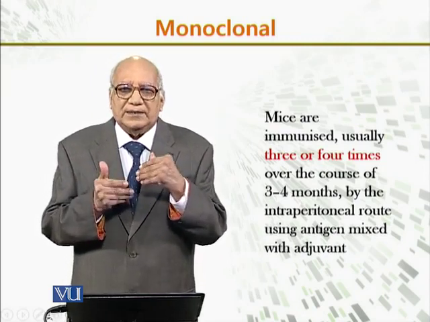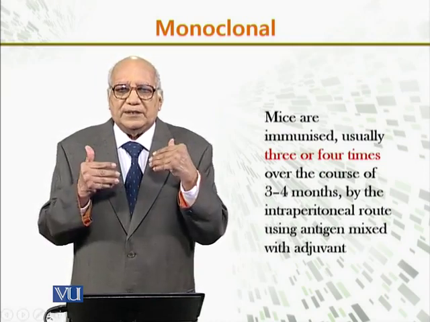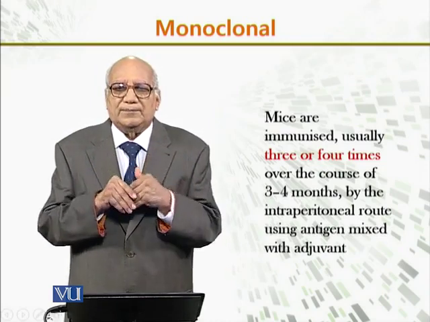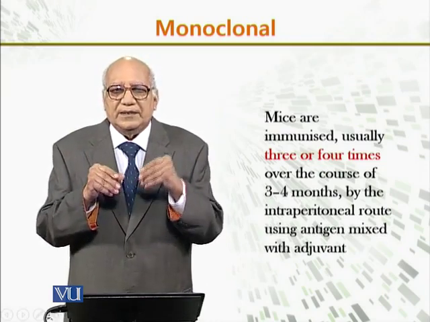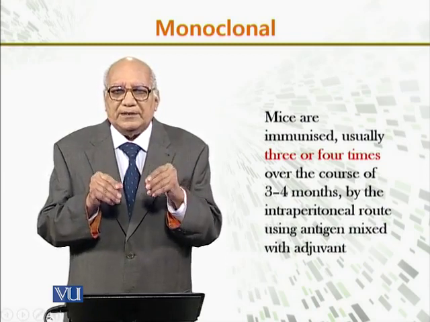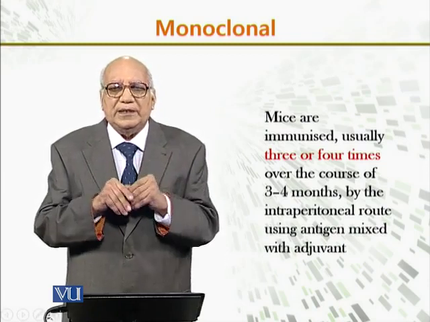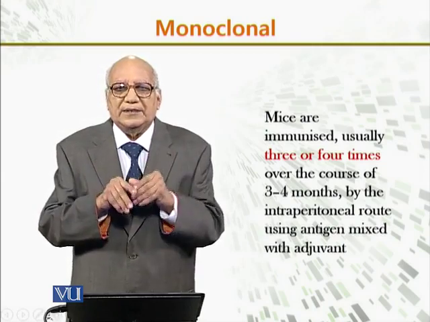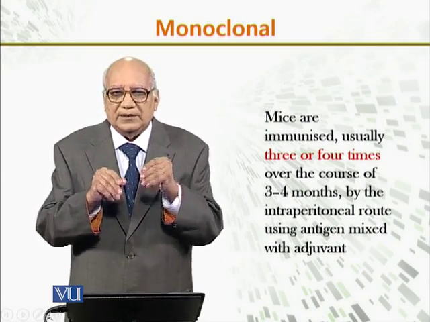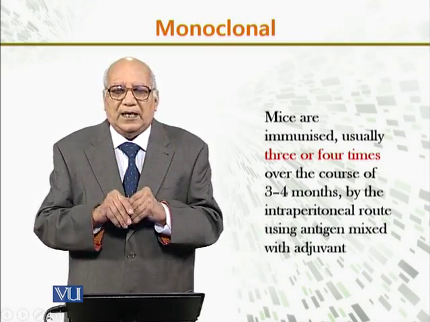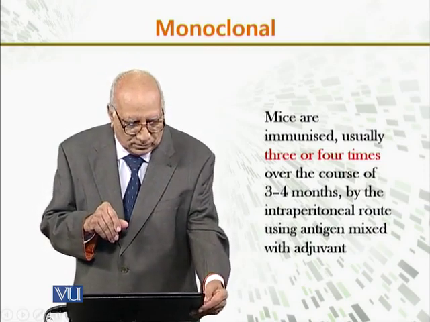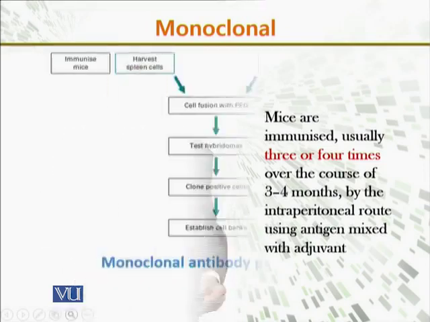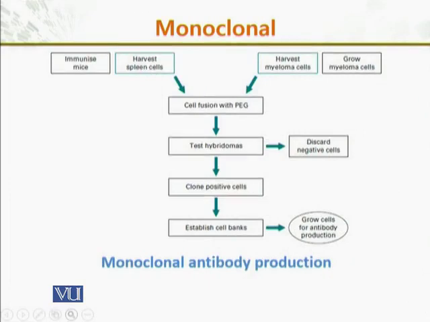The adjuvants are compounds which reduce the antigen quantity needed. Intraperitoneal means that they are injected into the peritoneal cavity of the mouse, repeatedly over 3 to 4 months.